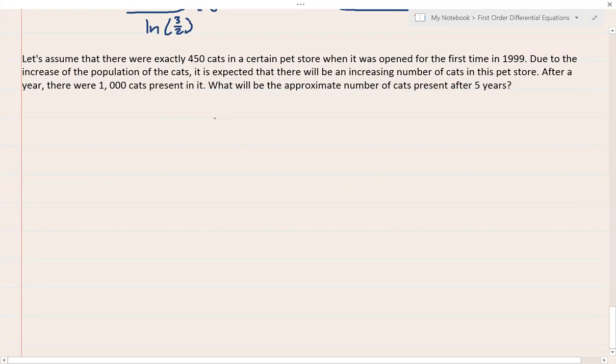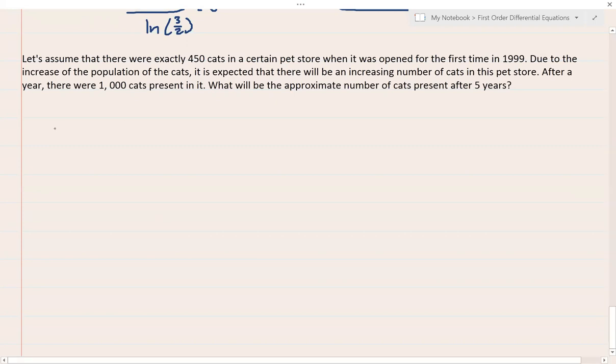Okay. Kumbaga, ang point niya kasi is that dun sa pet store, meron siyang initially 450 cats. So, dahil sa pag-increase ng population ng cats or mga pusa rather, it is expected na tataas din ang number of cats sa pet store na yun.